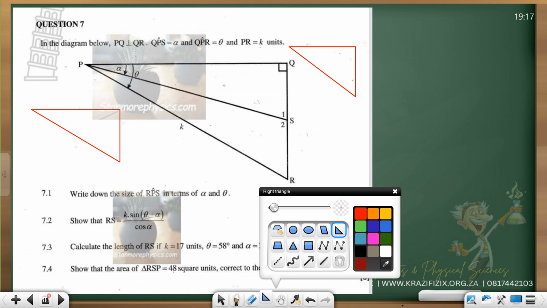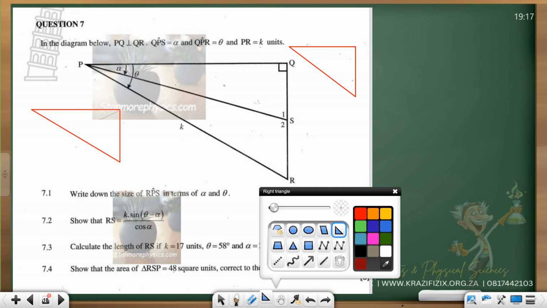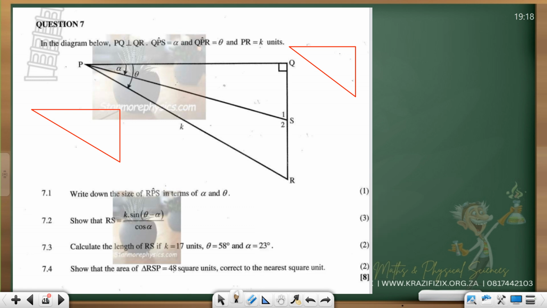Non-right angle, but does it have information? Is there anything that has PS here? No. Okay, so I'm going to keep my 2 triangles for now. That triangle doesn't have PS, but do we need PS? I'm not sure. Okay, let's see quickly.